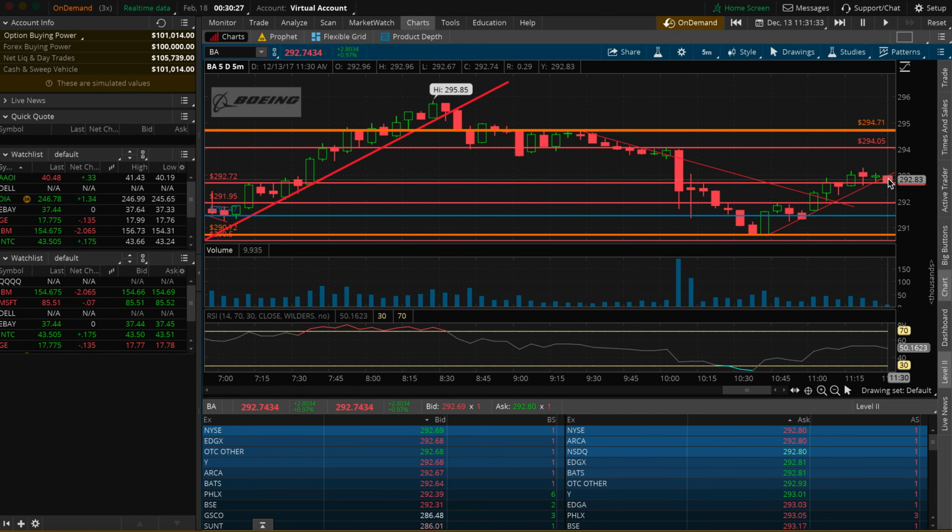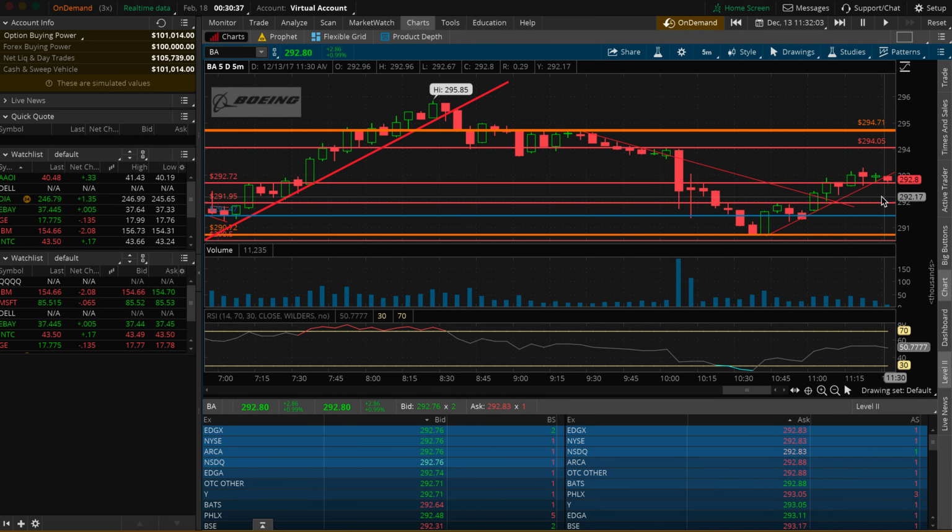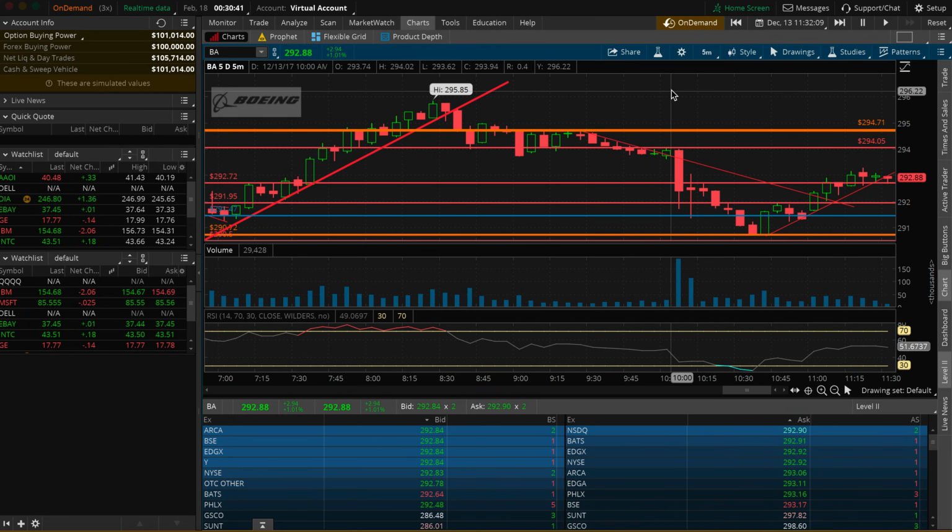This one opened below our trend, so it looks like it's breaking trend. If this closes below our support right here, I'm getting out. If it pushes through and gets above our trend line, it's going to keep on trending up.